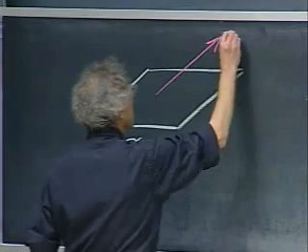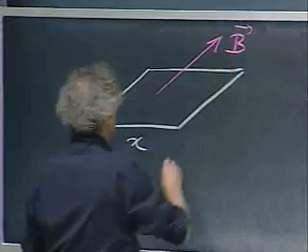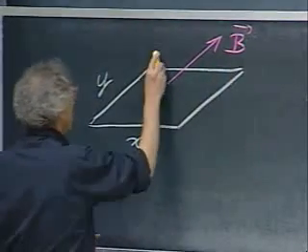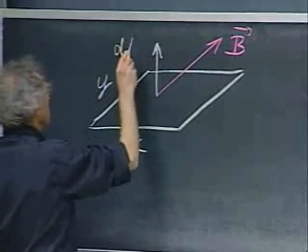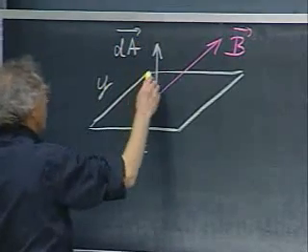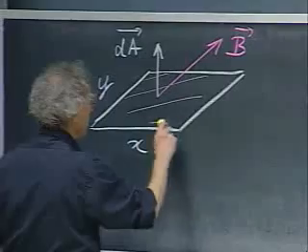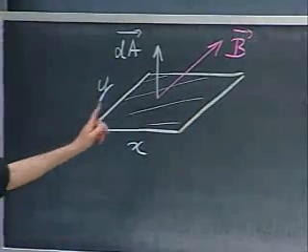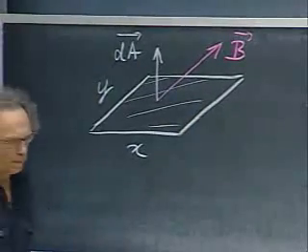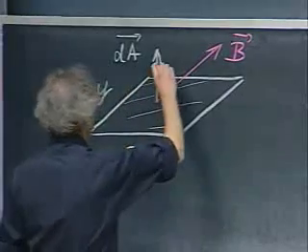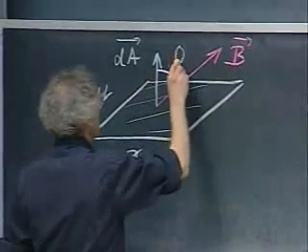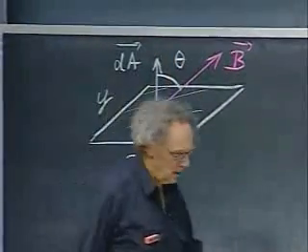Magnetic field B is like so, and I choose dA as the perpendicular vector to my surface. This is the surface that I attach to that closed loop. I choose it pointing up. And so the angle between dA and B, say, is theta, but B is uniform.